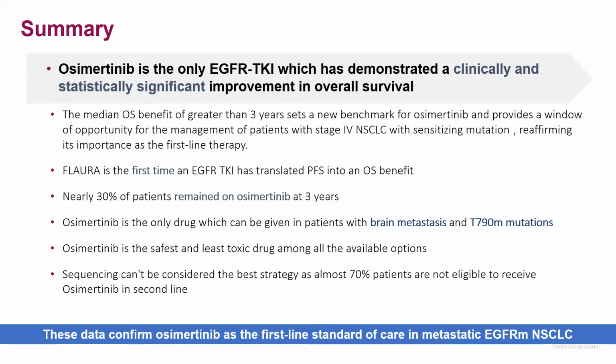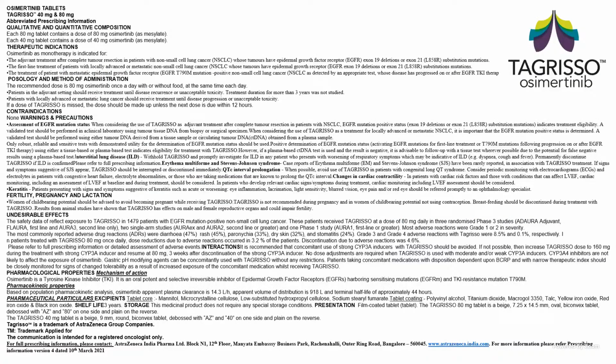Sequencing can't be considered the best strategy as almost 70% of patients are not eligible to receive osimertinib in second line. So these data confirm osimertinib as the first-line standard of care in metastatic EGFR-mutated non-small cell lung cancer.